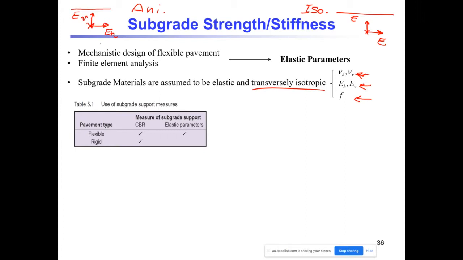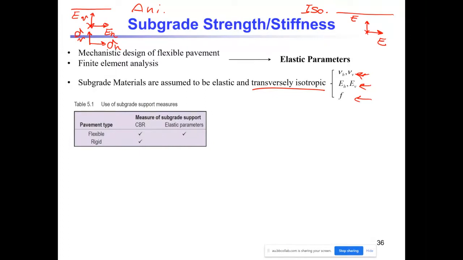So in the horizontal direction, sigma h would be different from sigma v. Lateral pressure is different from the vertical pressure. Since sigma h is different from sigma v and Young modulus is a function of stress, then EH would be different from EV.